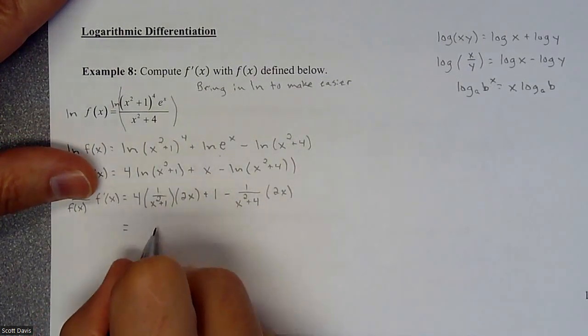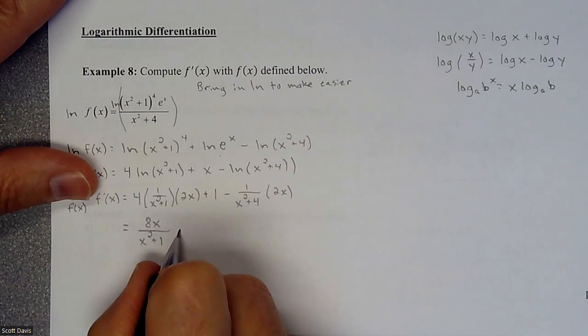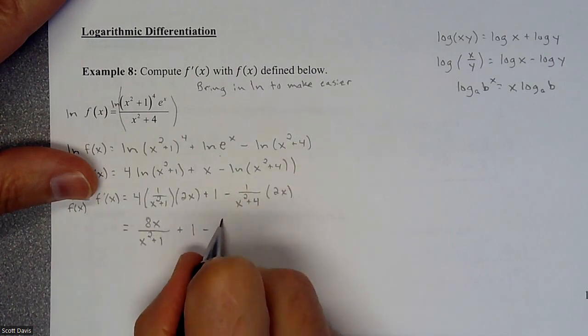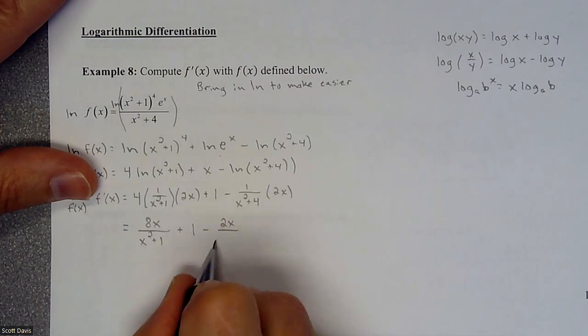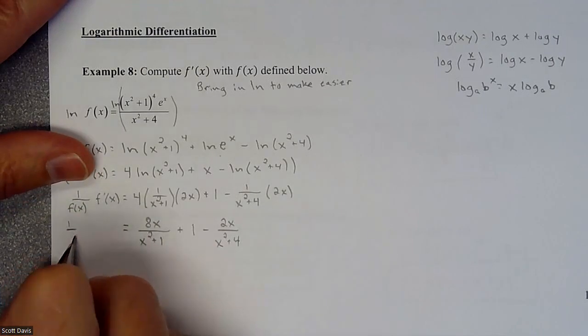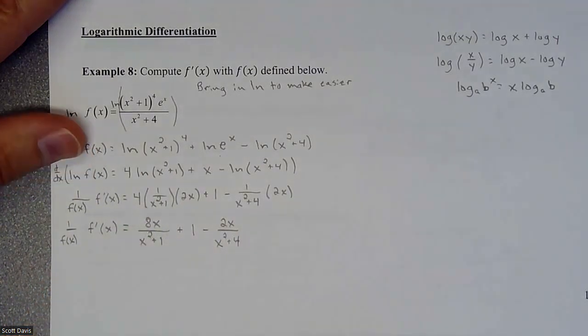So if I put this together, that's just going to be an 8x over x squared plus 1, and then plus 1 minus, this just can become a 2x over x squared plus 4, and that is equal to 1 over f of x times the derivative, f prime.